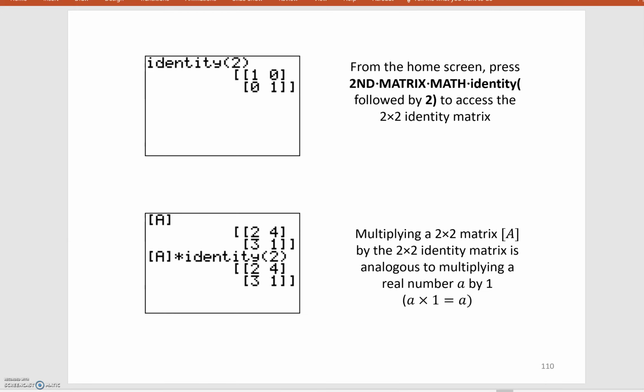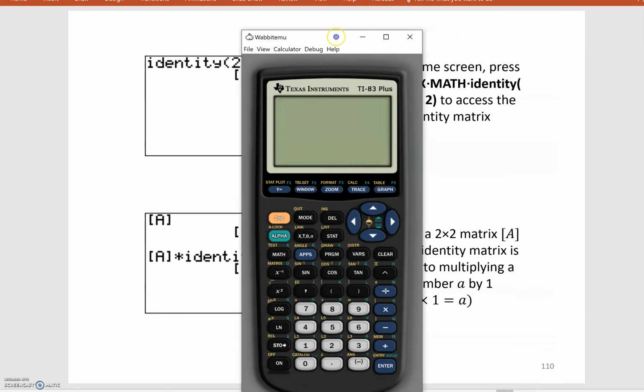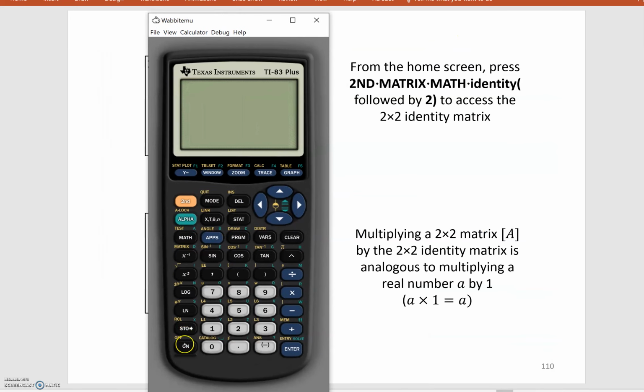So you can actually call up the identity in your calculator using these commands. So we'd go to the home screen, I'll just do it, and we turn the calculator on, second matrix, and if you go to math, we hardly ever use this menu, but if you go to identity, and then you put in the size of the identity.